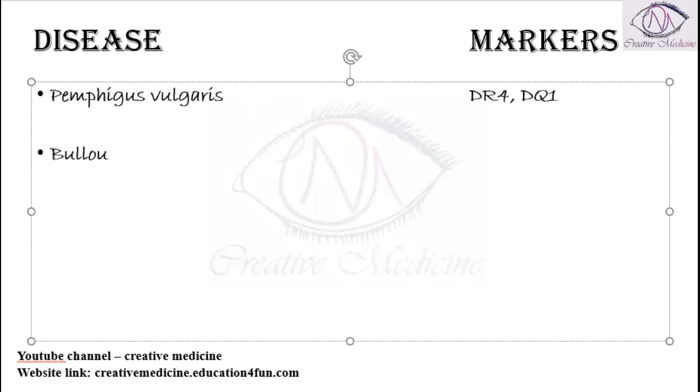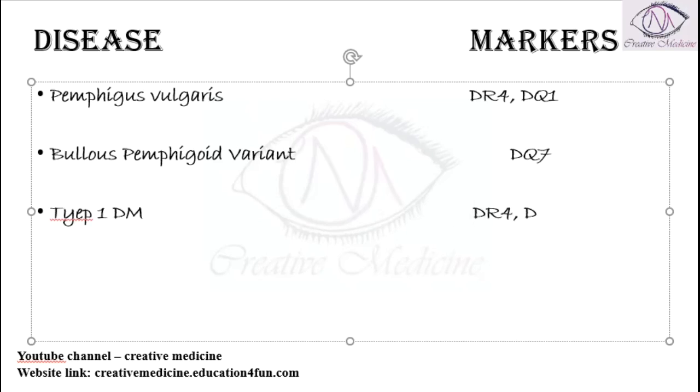Then we have bullous pemphigoid variant. The marker for bullous pemphigoid variant is DQ7. Then for type 1 diabetes mellitus, the markers are DR4, DQ8, DR3 and DR2.